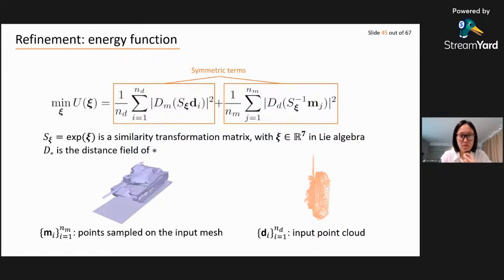For the refinement step, I propose an energy that allows continuous optimization of the parameters of a similarity transformation. The energy takes a symmetric form that removes undesirable global minima due to scale variations. The distance fields here are normalized beforehand in order to balance the losses contributed by the 2 terms.